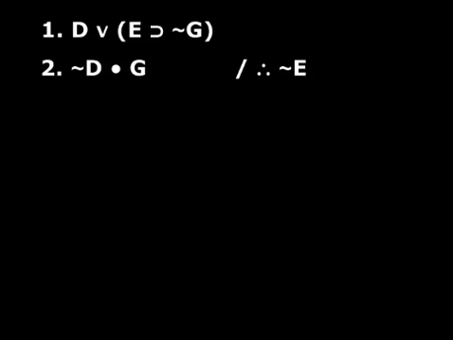You might think, well, hey, Rick, actually we do have a conditional. Look right here. If E, then not G. True, there's a conditional here, but it's not the entire line. Premise 1 is a disjunction. Okay, yeah, its second disjunct is a conditional, but the rules have to apply to entire lines, and I'll talk more about that later.